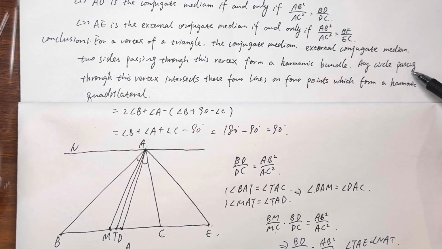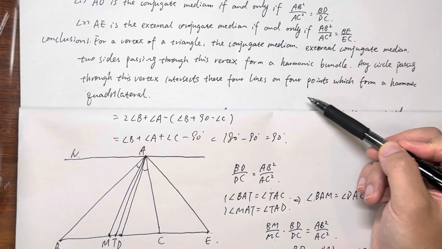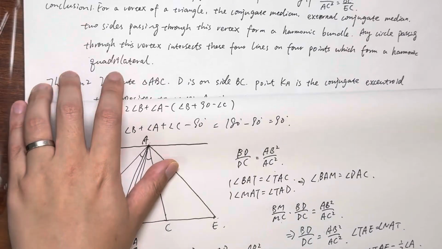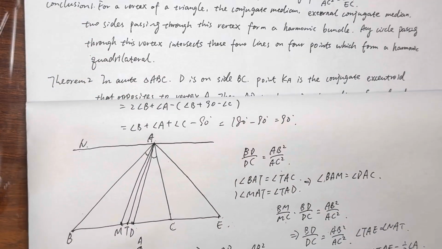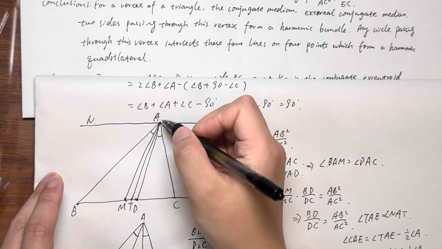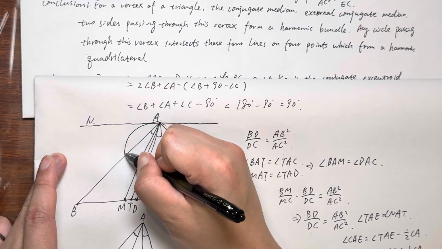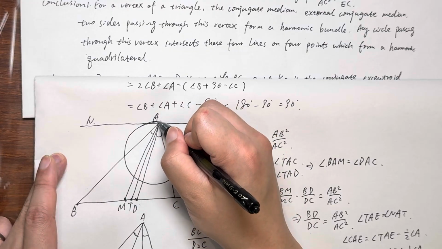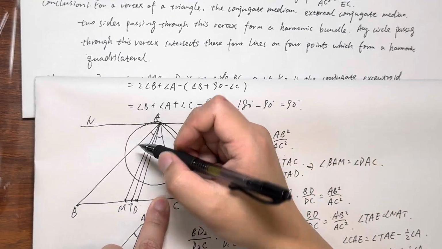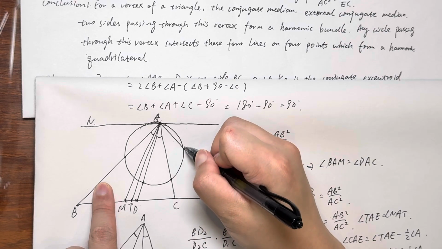Any circle passing through this vertex intersects these four lines on 4 points, which form a harmonic quadrilateral. Okay, so it's basically saying that if we draw a circle here, let me draw a small circle. This circle is passing through this point A, and it has 4 intersection points here, right?